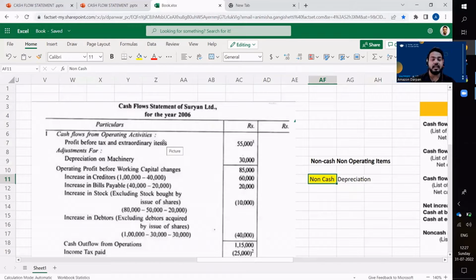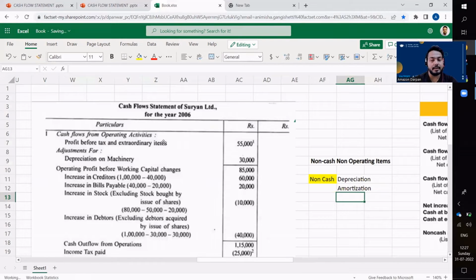So we have to make sure that we reverse those entries and arrive at the operating activity figure, because remember this is a cash flow statement, and a cash flow statement will only have items wherein we pay cash, wherein there is an involvement of cash, and not just cash but also bank transactions come into this picture. Another example of a non-cash item is amortization.